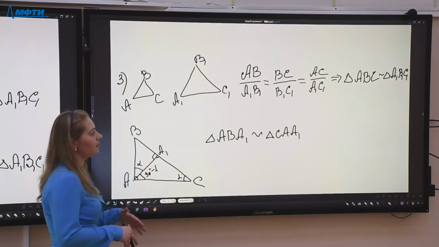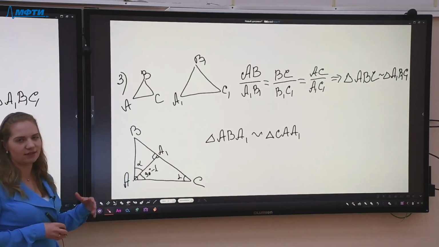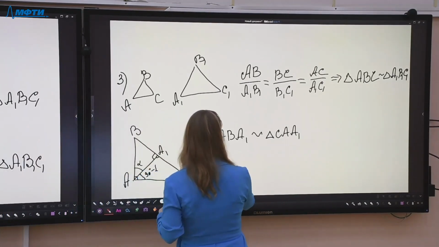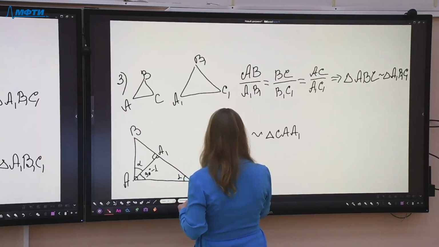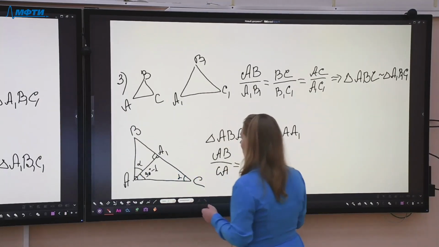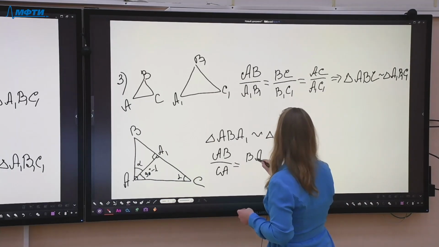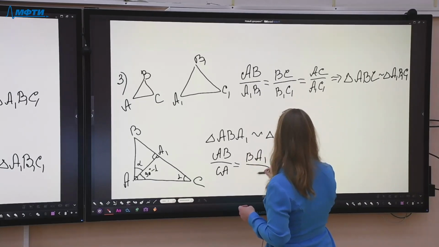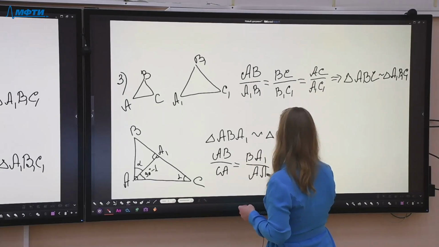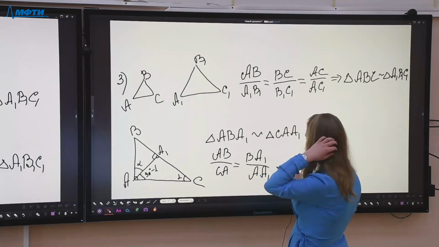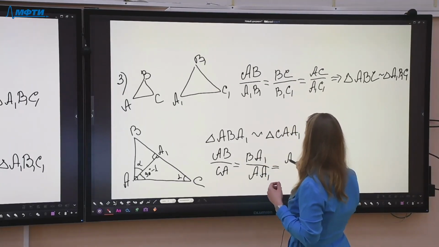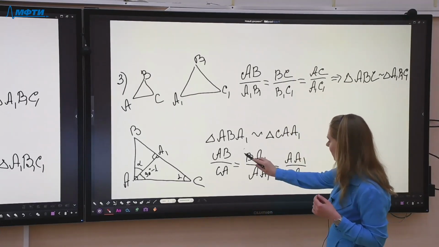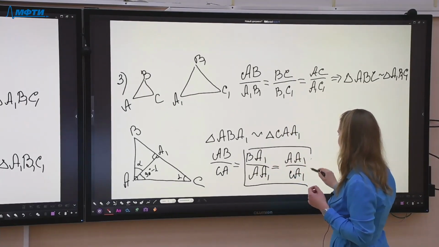And now we can use the fact that these two triangles are similar. It means that their sides are in proportion. So we can write that AB over CA is BA1 over A1A, for example, and it is AA1 over CA1. And we can use this part from here.